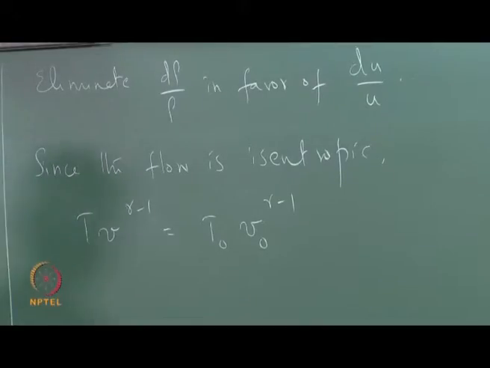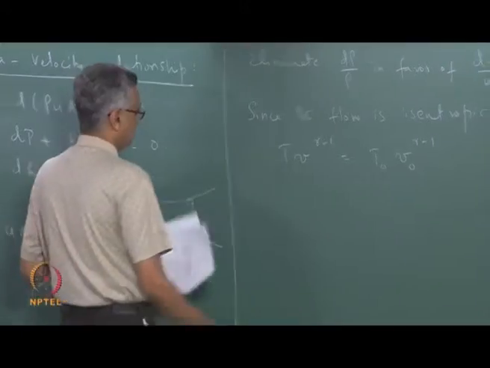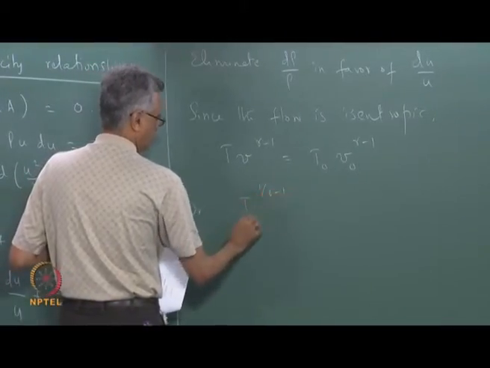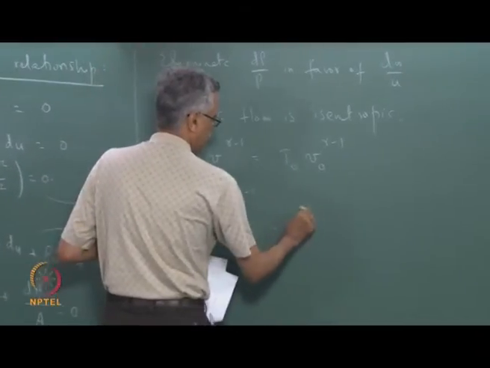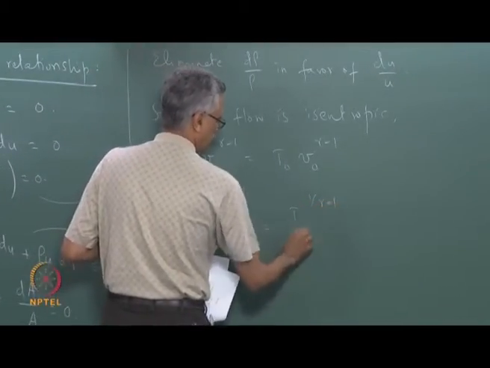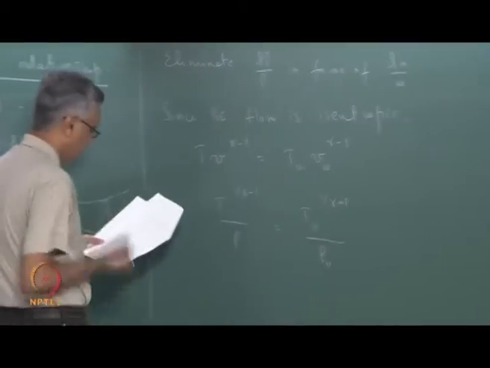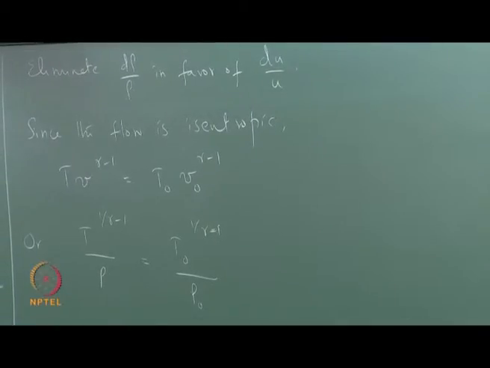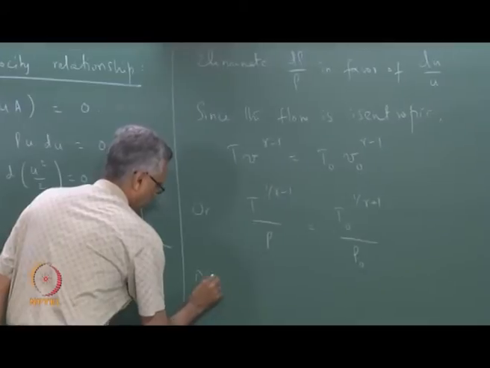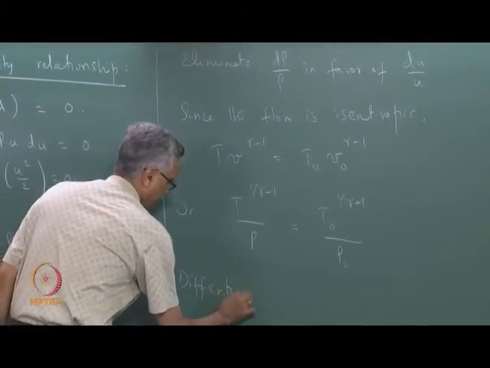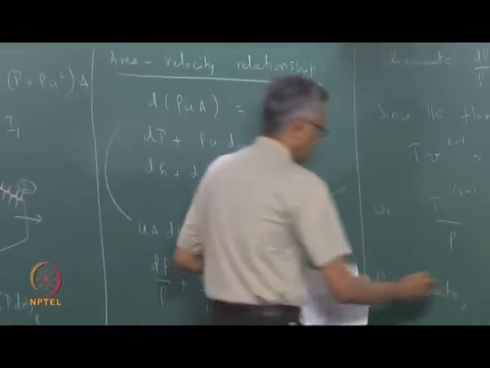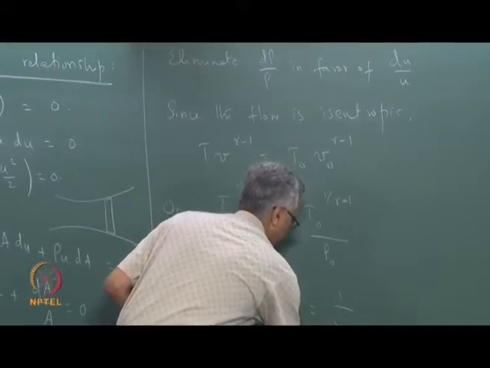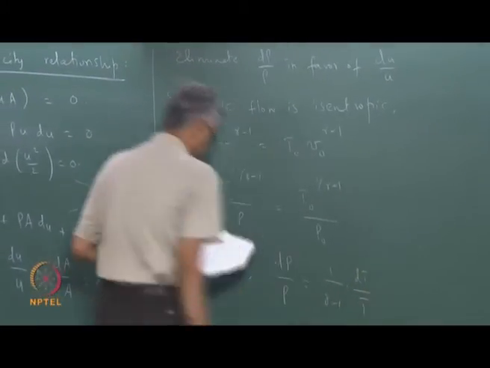Or if I rewrite this in terms of density, I can write this as T to the power 1 over gamma minus 1 divided by rho is equal to T0 to the power 1 over gamma minus 1 divided by rho 0. And if I differentiate this expression, I get d rho over rho is equal to 1 over gamma minus 1 times dT over T.